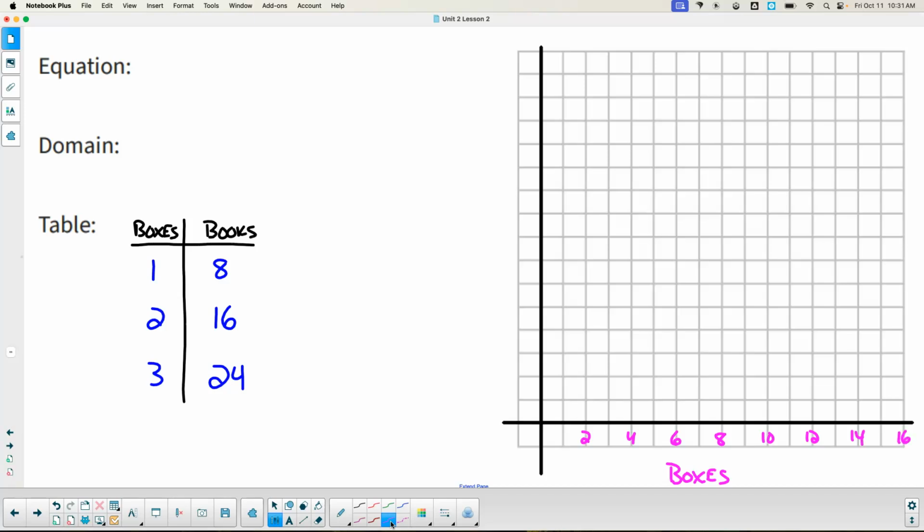We're good with that. The number of books is going to be the vertical, and looks like we're getting pretty big pretty quickly. I would say we could go by 8s. I mean, let's make it easy on ourselves.